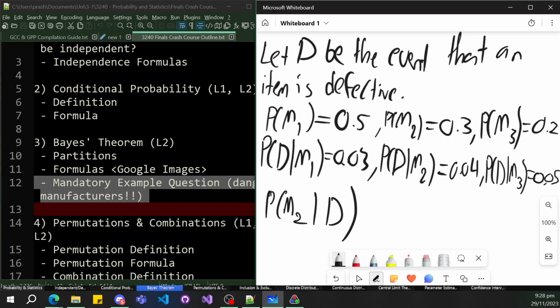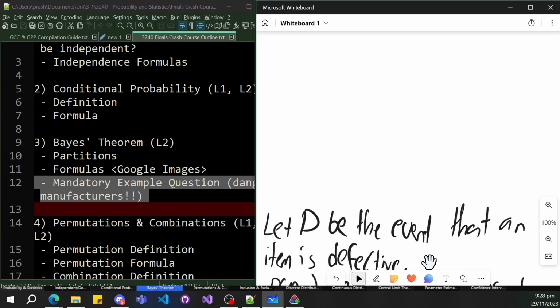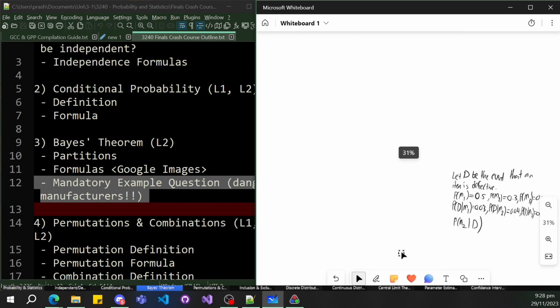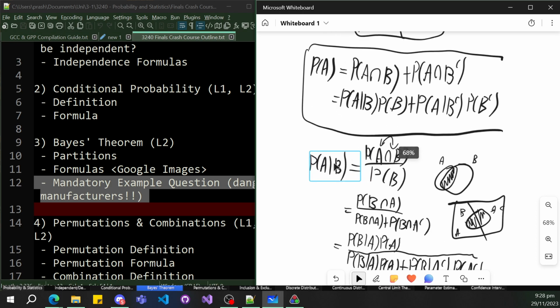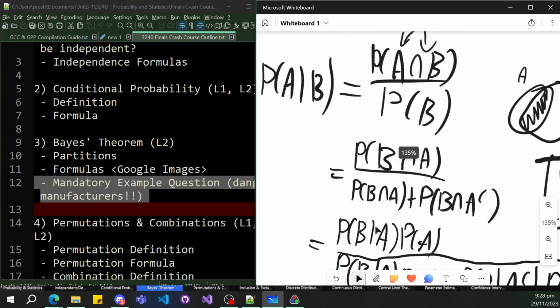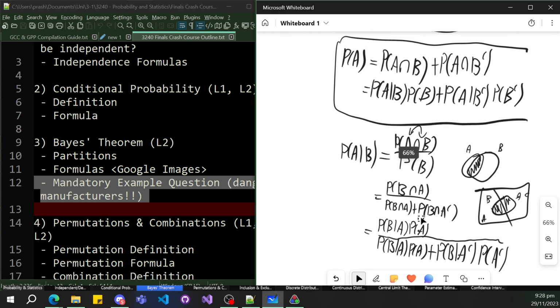You will notice here that we've got M2 given D, but here we have D given M2. If only we could swap those around. Guess what? That's what we did earlier. We had A given B, and we swapped it around, and we got B given A down below.